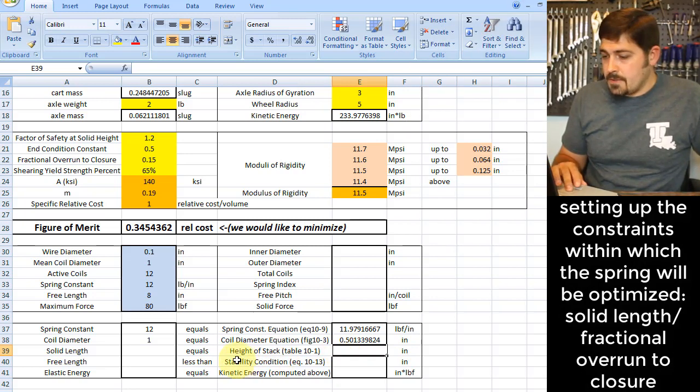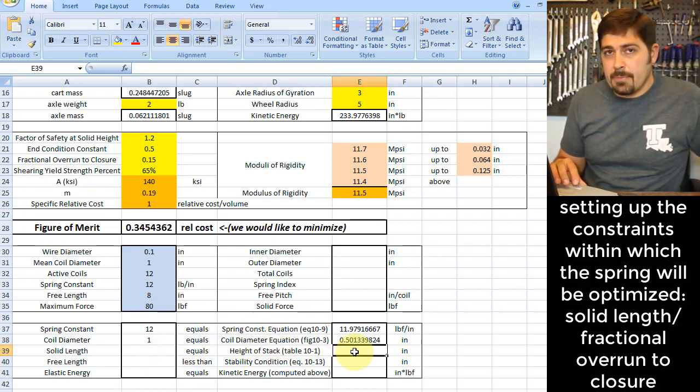All right, so the next one we're going to do is an equation that we basically are going to come up with solid length, but we're going to come at it from two different directions, because you'll notice that solid length was not one of the parameters that we had for our list up here. Okay, so we need to do this kind of two different ways.